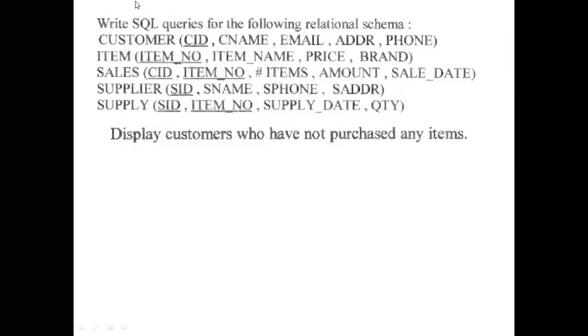Here we will get all the customer information in the customer table, and the purchase information is present in the sales table, because in the sales table we have CID. But here what is asked is not purchased. So if a customer has not purchased any items, then his entry will not be in the sales table.